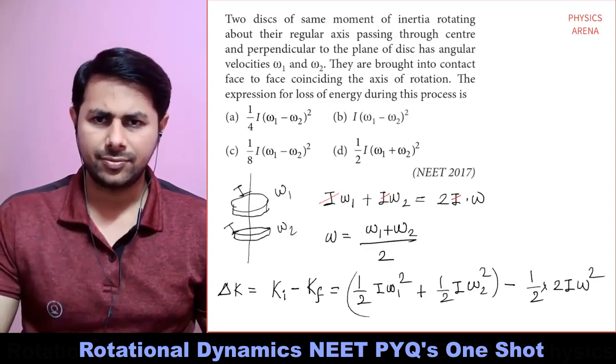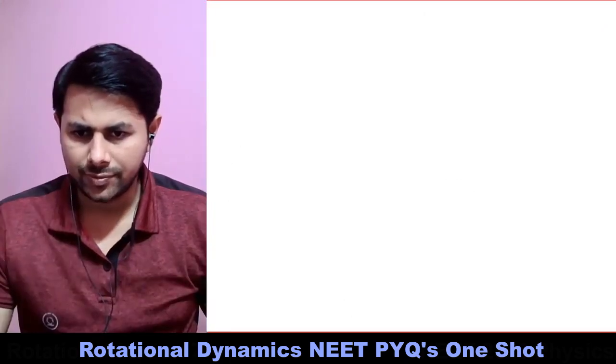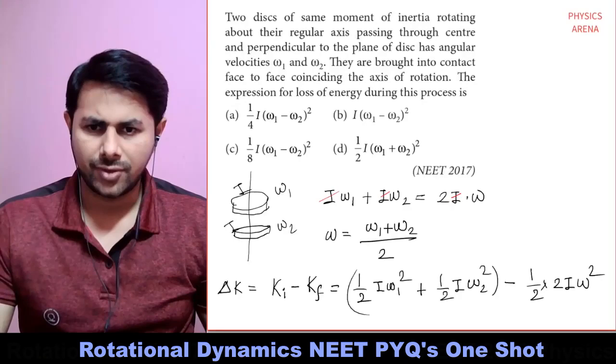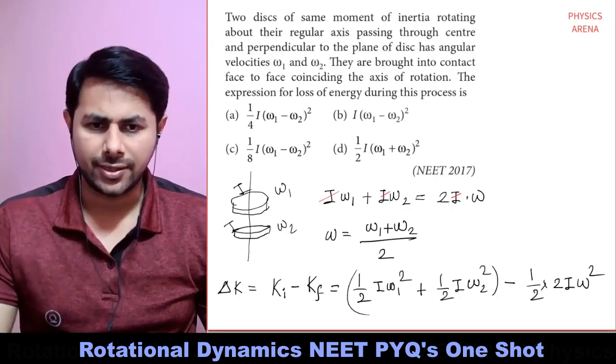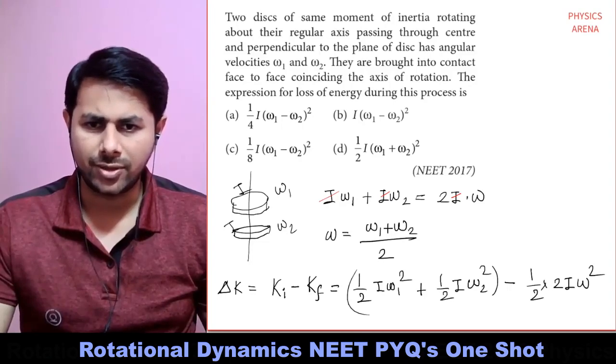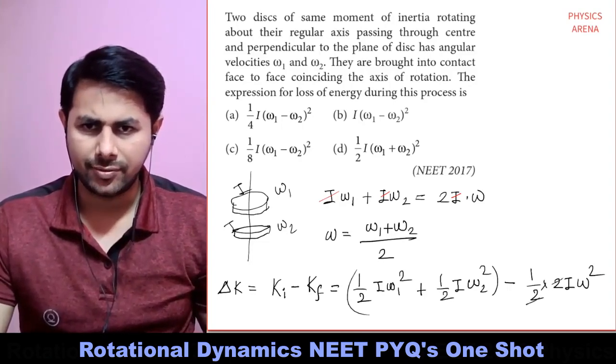So we want to find out the change in kinetic energy, the difference in kinetic energy. So now, how much is omega? It is omega 1 plus omega 2 divided by 2. So this 2 and 2 gets cancelled out, right?